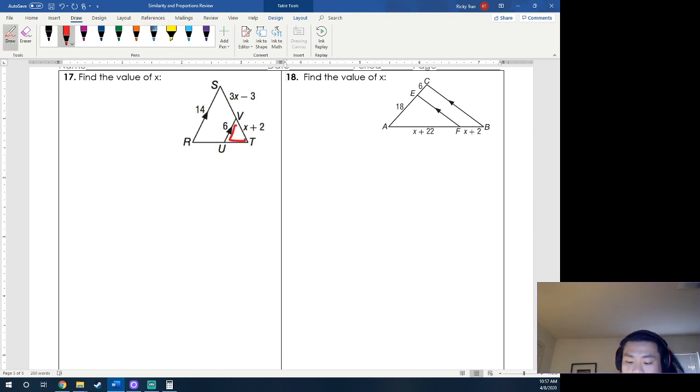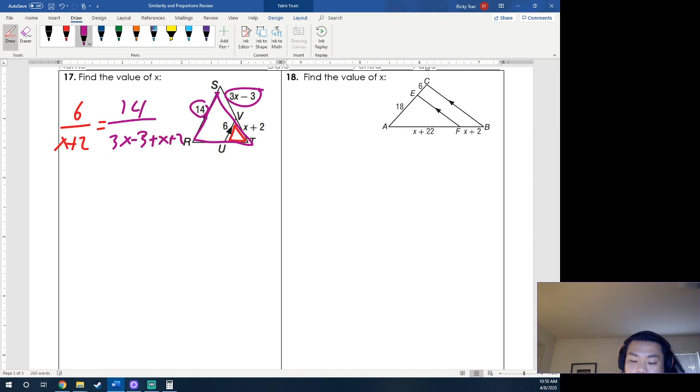Okay, here we have the small triangle, or 6 over x plus 2, is equal to the big triangle, which is here. So we have 14, which matches with 6. And then we have to add these two together: 3x minus 3 plus x plus 2.